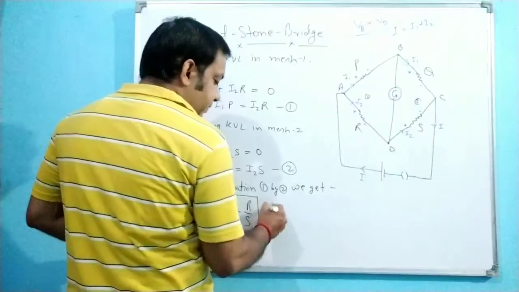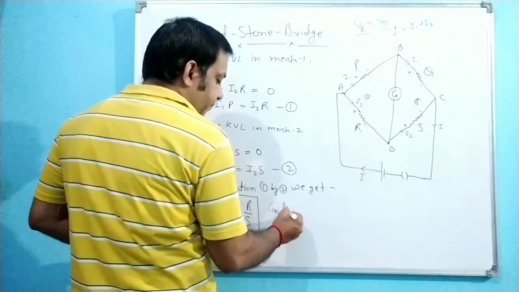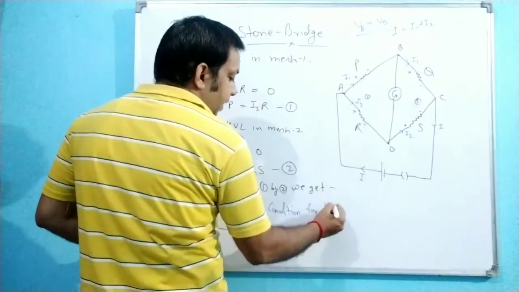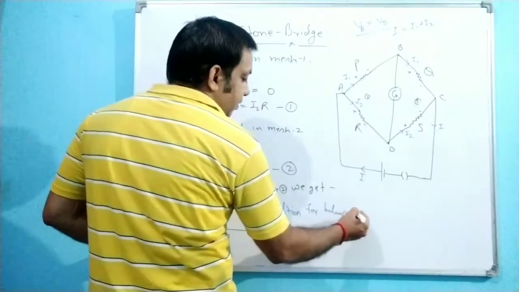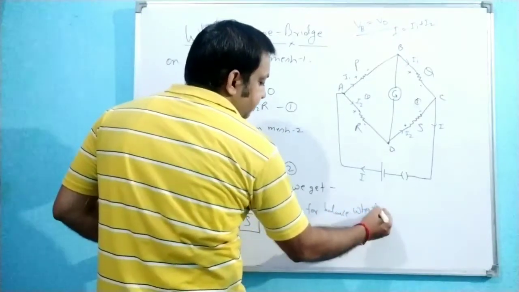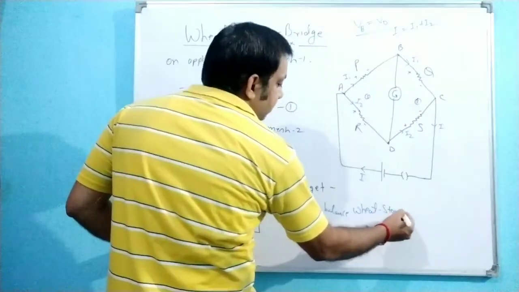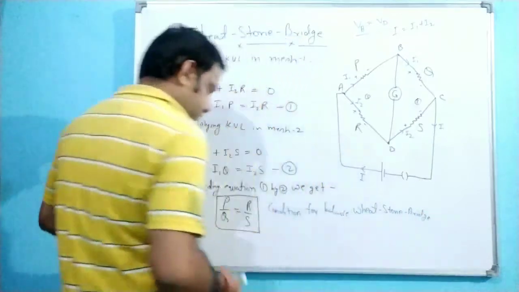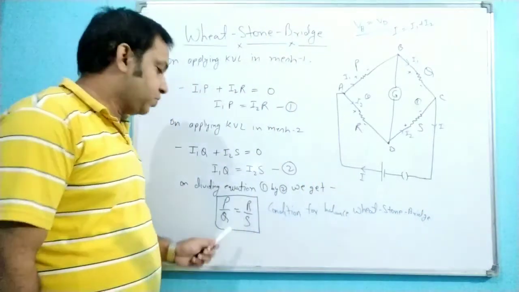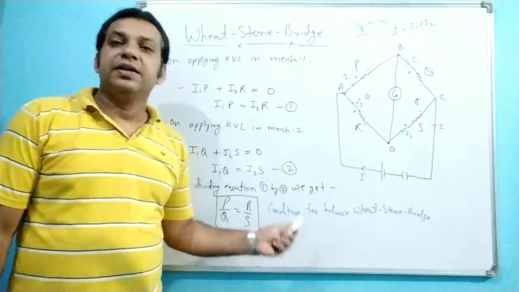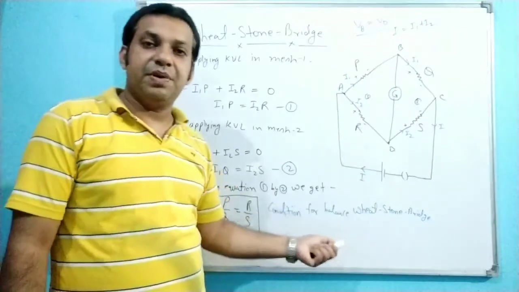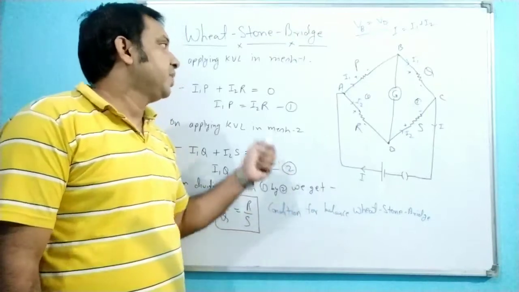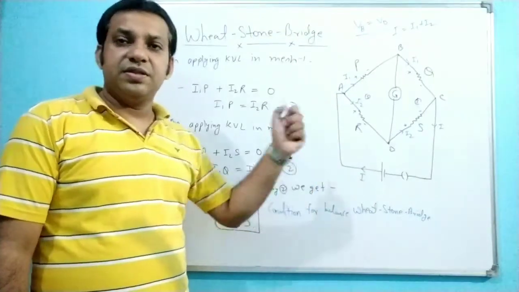When P by Q is equal to R by S, then you say the bridge is balanced. So this is the condition for the balanced Wheatstone bridge. Let us see some questions.